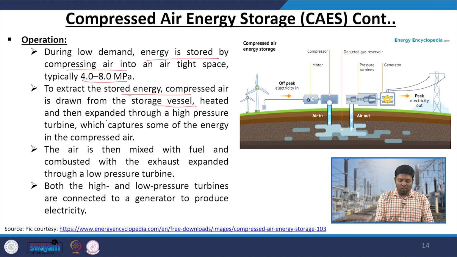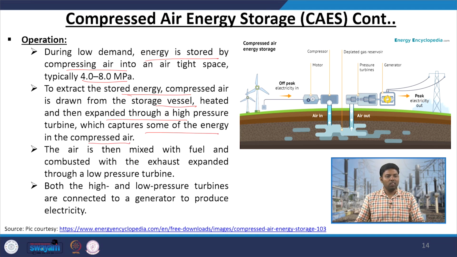That means you will expand it through the high pressure turbine, the compressed air reaches the turbine, that helps it rotate, and that rotation gives you the shaft power, and that shaft power goes to the generator, and that generator then feeds power to the grid.